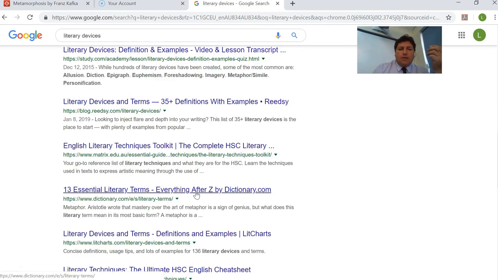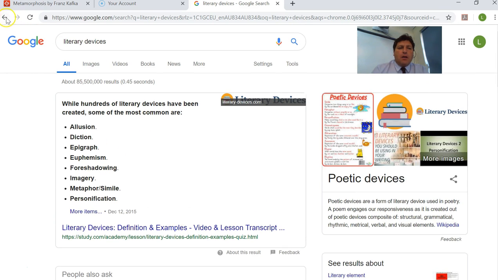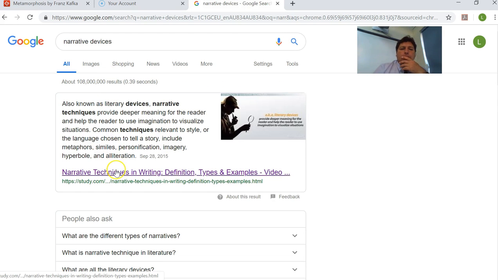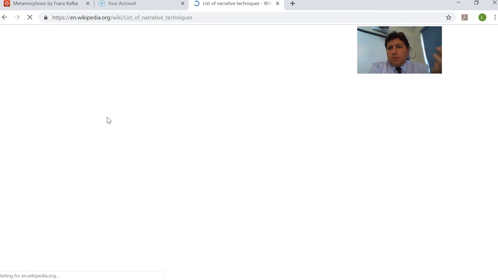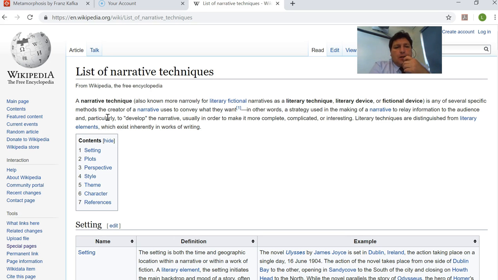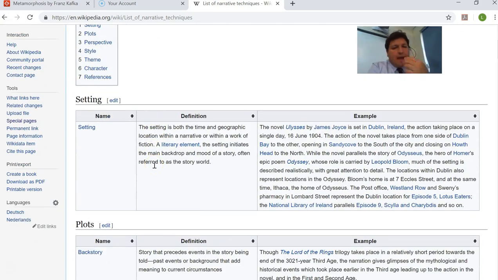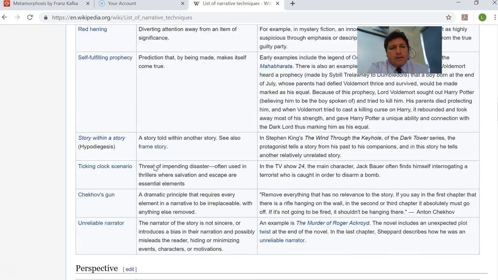There are so many different little bits and pieces where you can start to unpack what each of these possibly are, or what they even mean. Or even type in narrative devices. And honestly, you get a reasonably good Wikipedia page that has this list, and the list has examples, and they're very well described and unpacked.